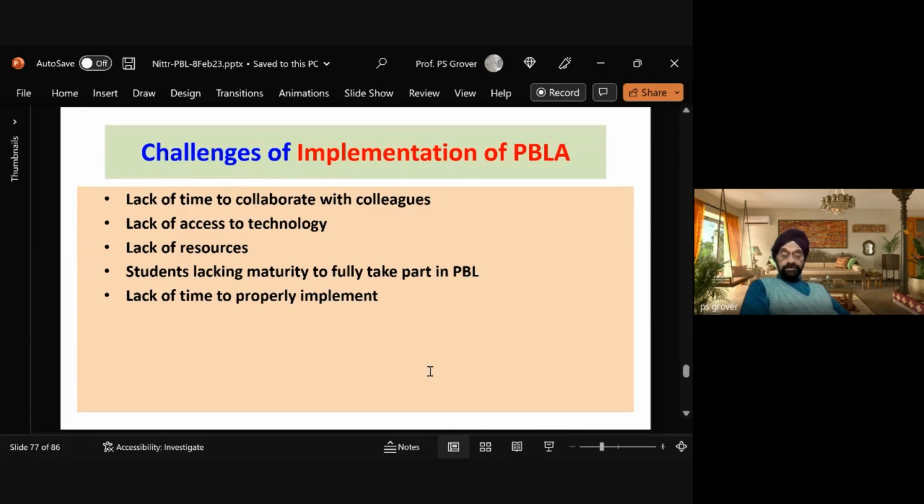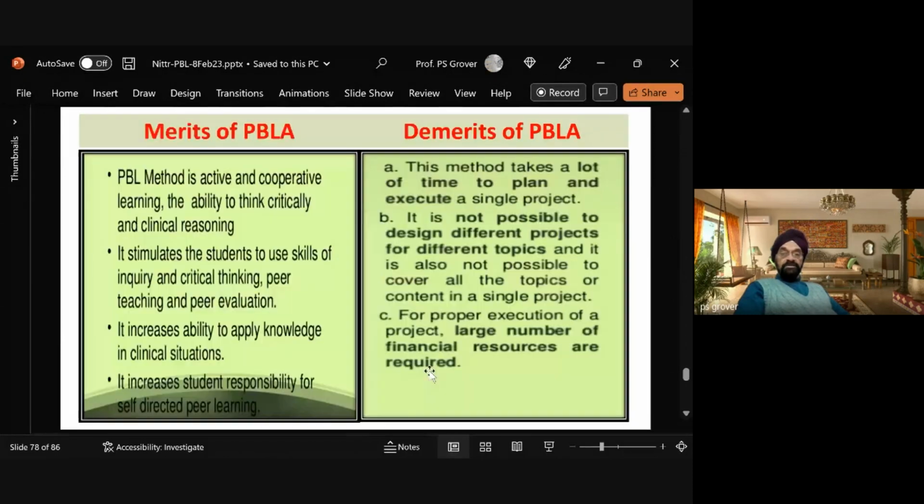There is lack of access to technology, lack of resources. Students lack maturity to fully take part in PBL, lack of time to properly implement. These are the challenges. But please appreciate these challenges are being taken care of all over the world. In our system also, PBLA is being emphasized.